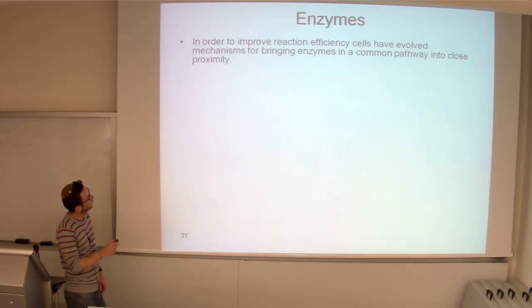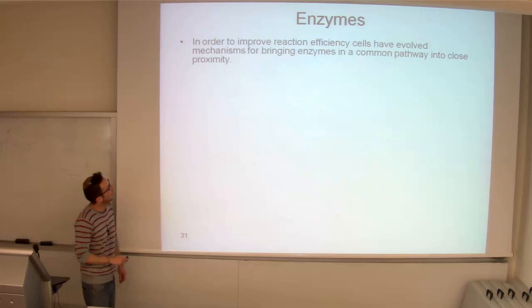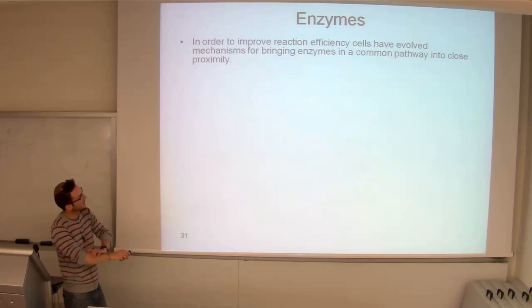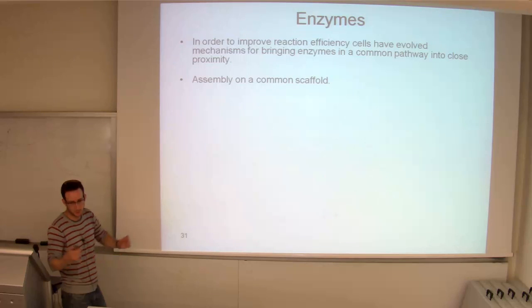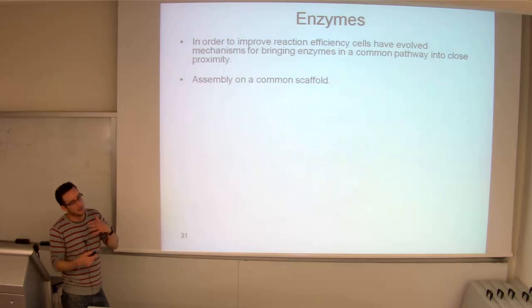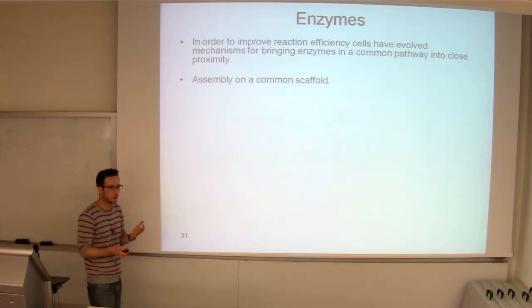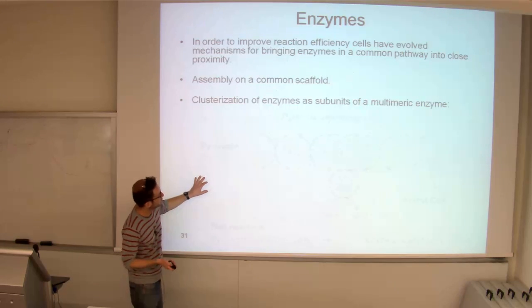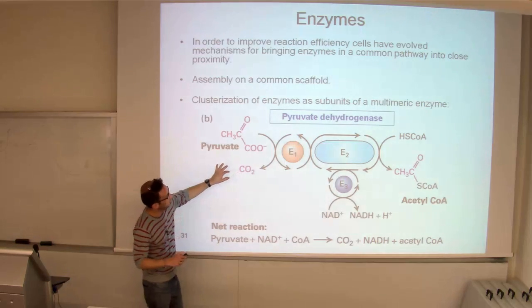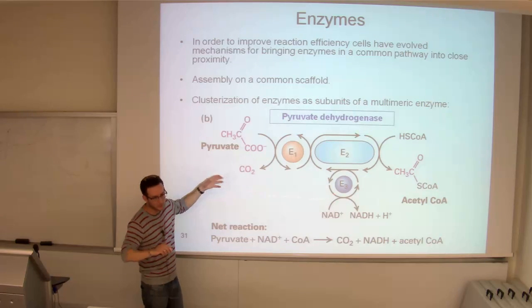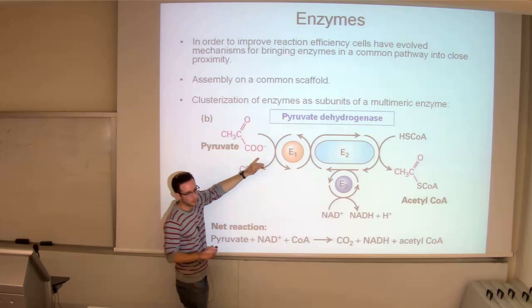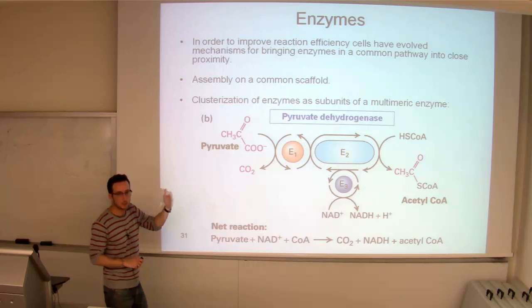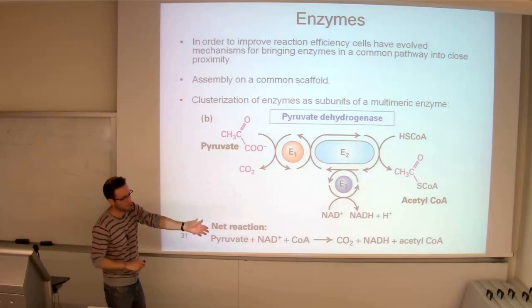In order to improve reaction efficiency, cells have evolved mechanisms for bringing enzymes in a common pathway together, in other words, assembly on a common scaffold of different enzymes that promote coupled reactions. The outcome is that, for instance, in the pyruvate dehydrogenase complex that we look at right here, the products of one reaction are immediately introduced as reactants for the adjacent reaction.